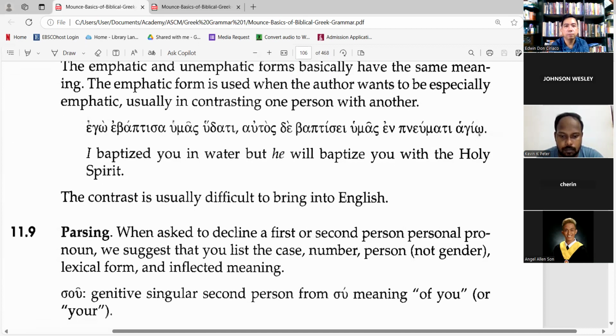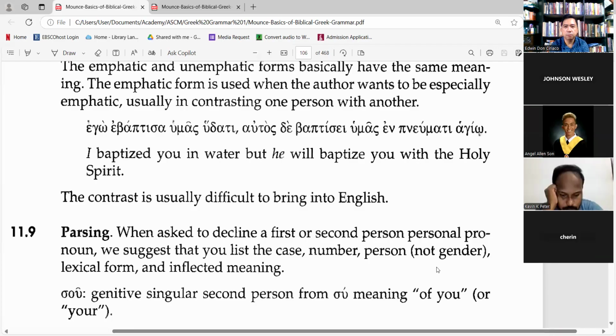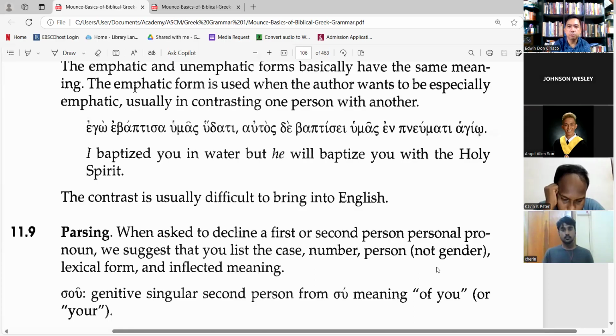Ego ebaptisa humas hudati, autos de baptisei humas en pneumati hagio. Good. Thank you.